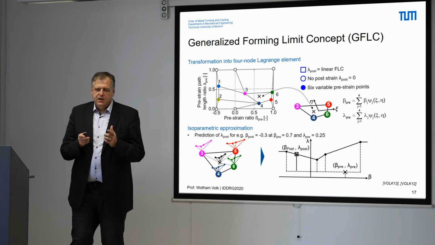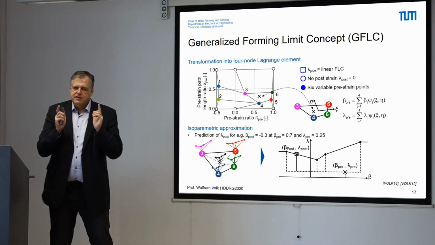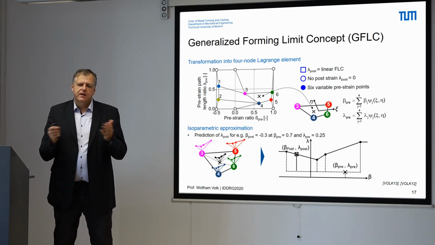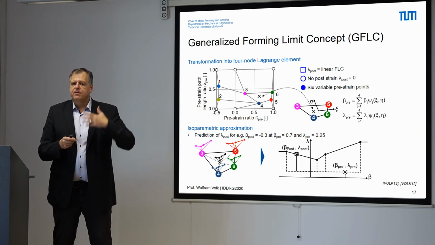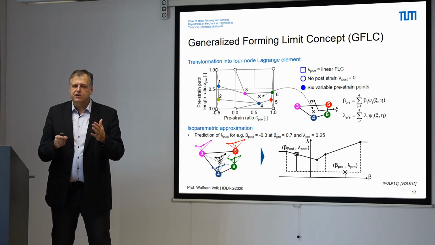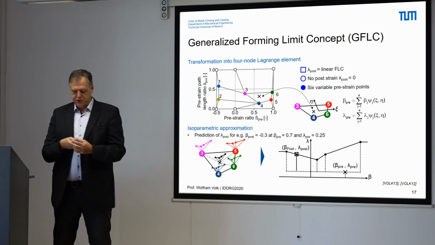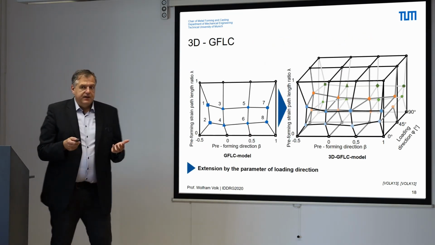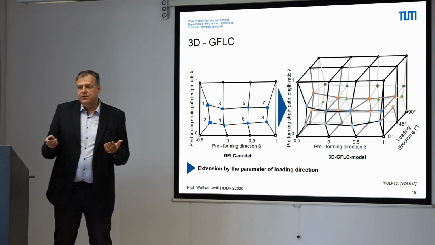And now the important step is how to bring a third dimension into this model, where we also have the option to change the loading direction with respect to rolling direction. And then it's quite easy, like 2D and 3D simulation.